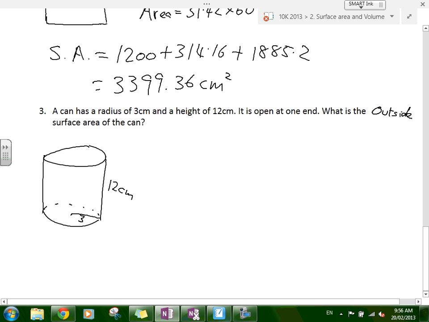So if we're working out the outside surface area of the can, I can just say the surface area is just one circle on the bottom.